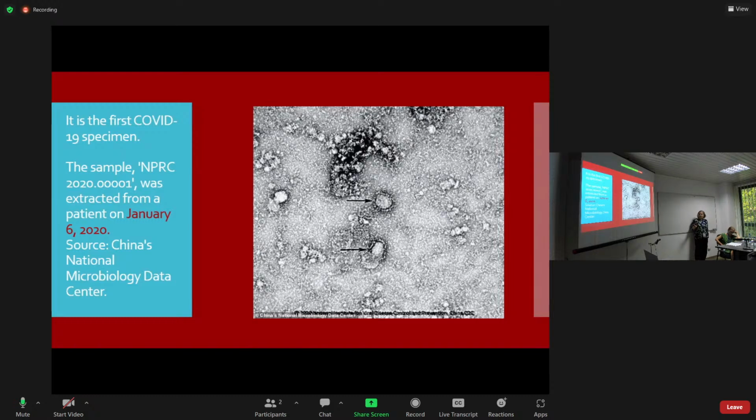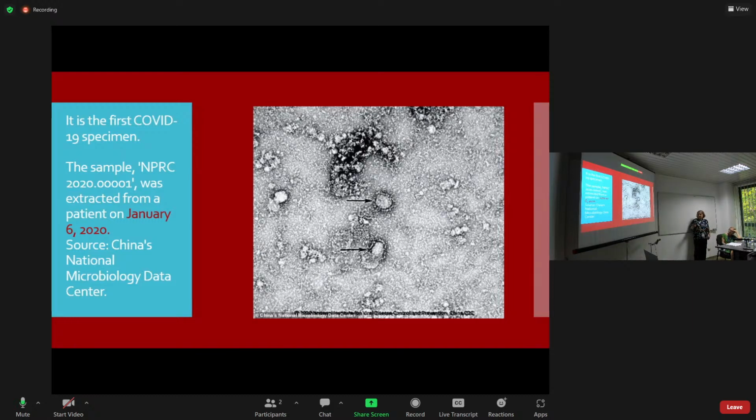This is the first image of coronavirus 2, SARS-CoV-2. We have clear spikes around the central particle, and this image directed the research to the coronavirus to be a culprit for the pandemic 2020.